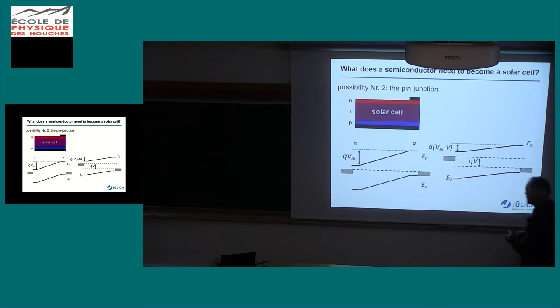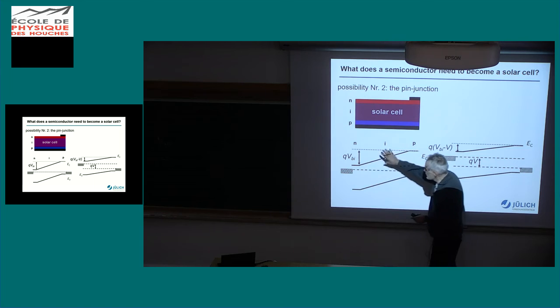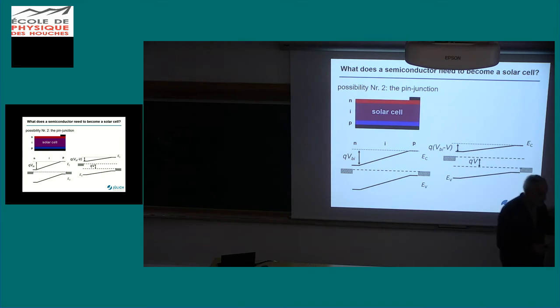So this is why in few of technologies you prefer to have PIN junctions instead of PN junctions, because your mobility is so low that you not only want to rely on diffusion, but you need a little help from the field, I would say.